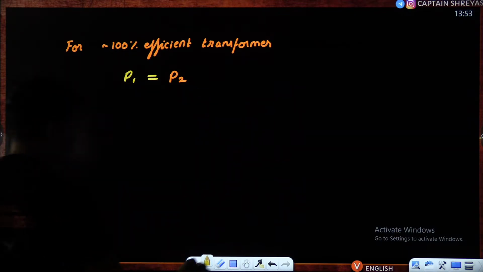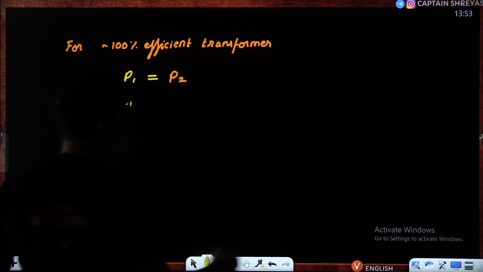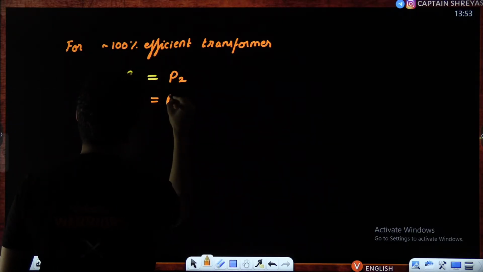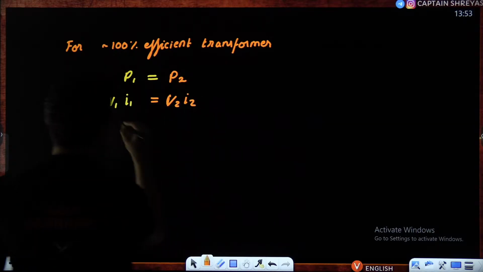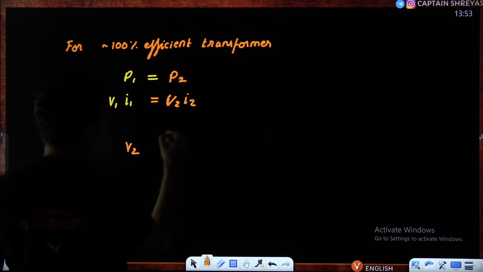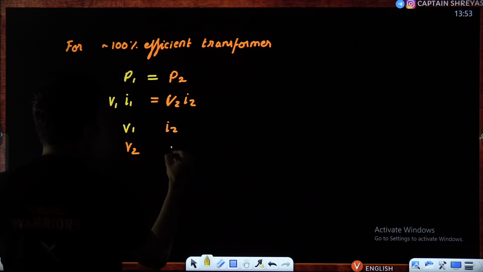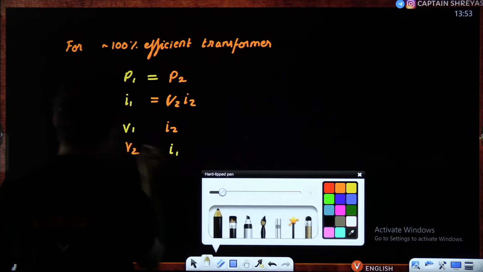No power is lost. So input power will be V1 I1, and output power will be nothing but V2 I2. So from this, what do I get? If V2 is below, I2 will go on the top. If V1 is on the top, I1 will go below. That is what I will get.